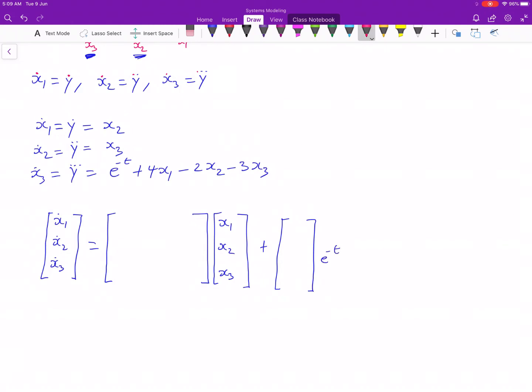Okay, so x1 dot is equal to x2. So x1 is 0, x2 is 1, x3 will be 0.